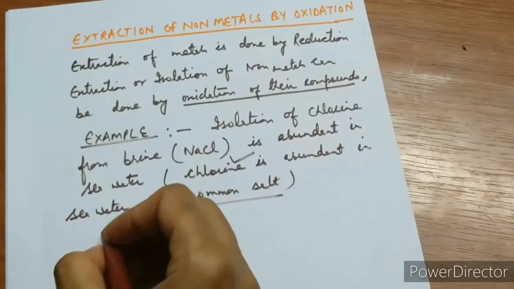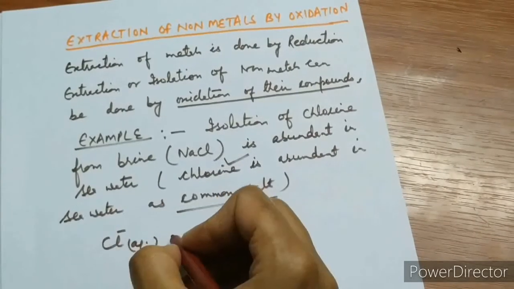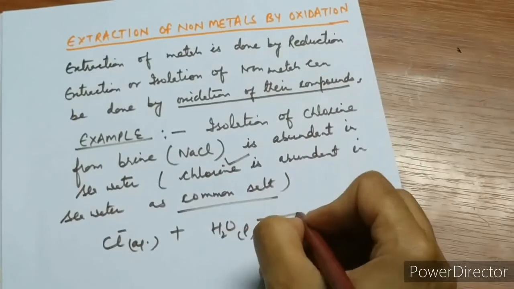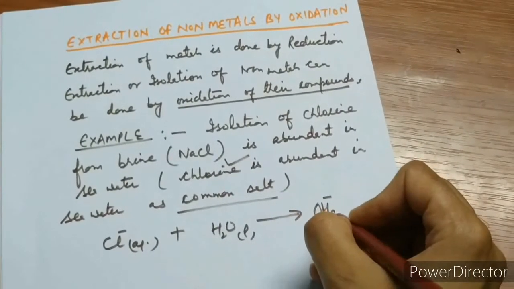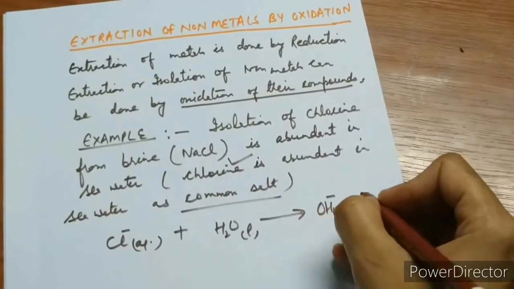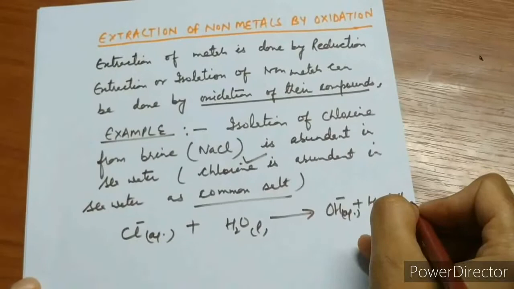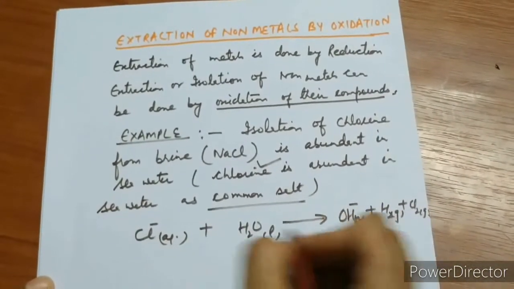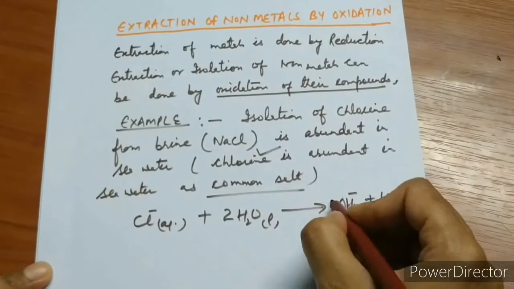So what is the reaction? Cl⁻ chloride ion plus water in liquid state gets converted into hydroxide ion plus hydrogen gas plus Cl2 or chlorine gas. So we have to balance the reaction. Now the reaction is balanced.